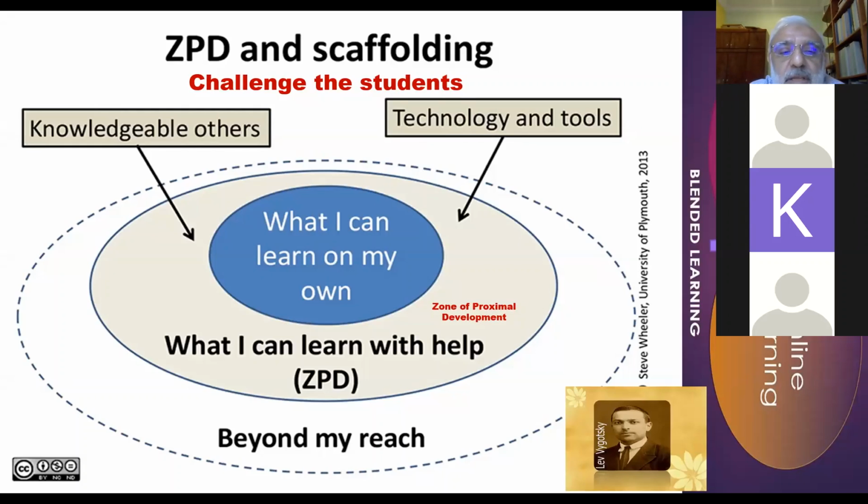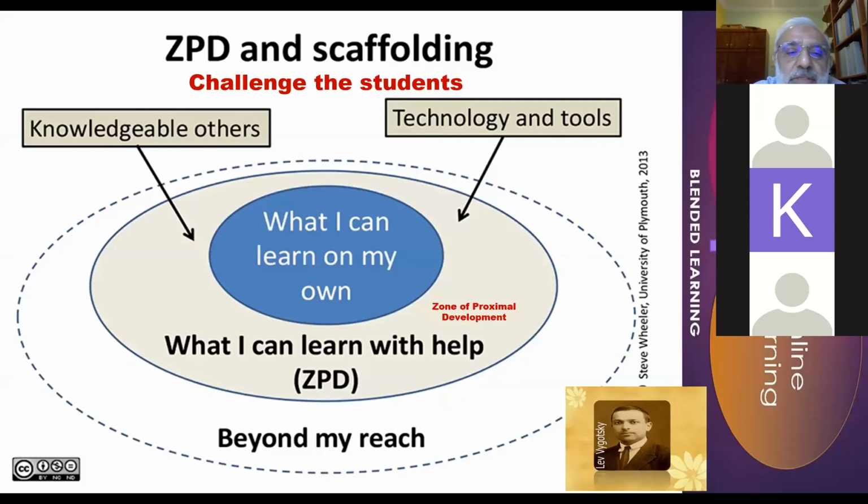Something which a student can learn at his or her own level, with no need for extra help. There is another area where they can learn with some help, and the third is beyond reach. This is useful in creating a balance between different methods being used in blended learning.